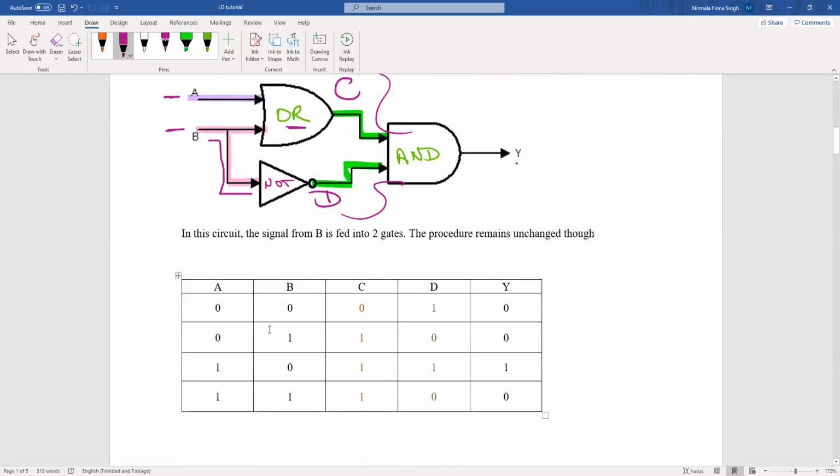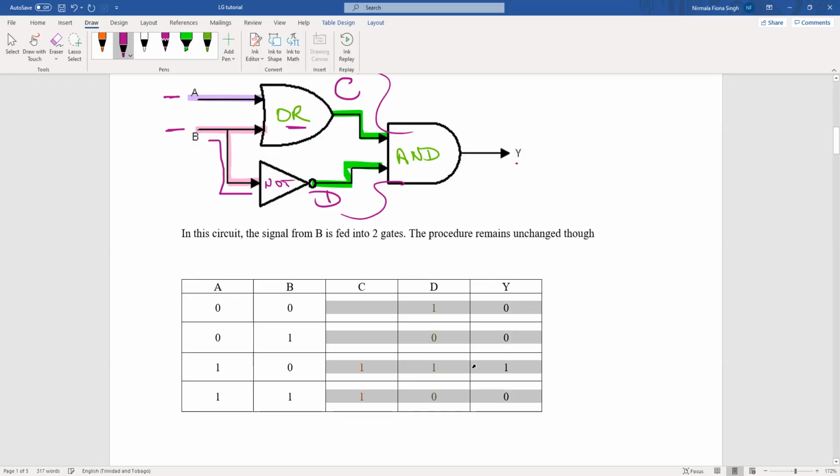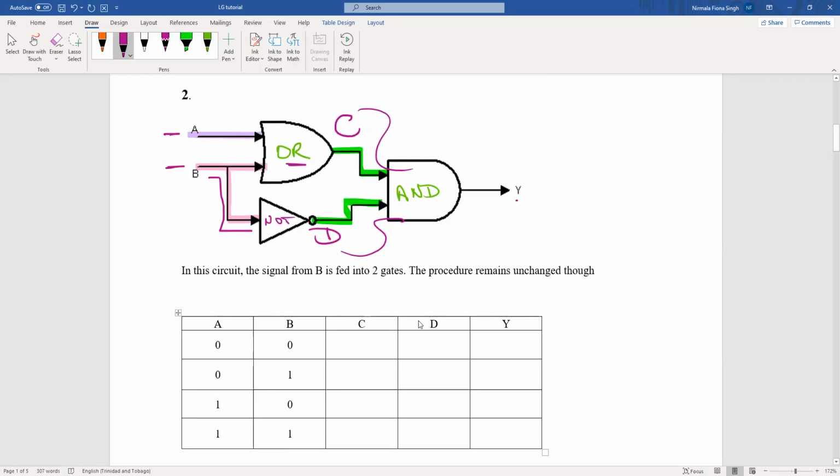So I can label my table, I can add my extra columns and whatnot. So I will still write it down here, right? C is A plus B through an OR gate, just to keep track. D is B through a NOT gate, and Y is C plus D through an AND gate.